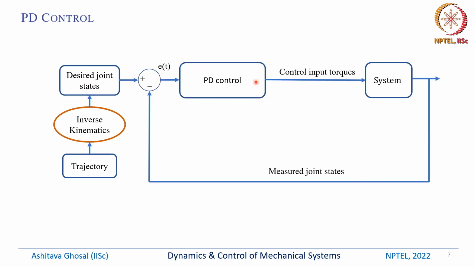So it is like Kp times E plus Kd times E dot. We have looked at a PD controller earlier. And where do we get these desired joint states from? We basically know what the tip of this leg, or what the robot, should be doing. That is the desired trajectory in Cartesian space for this leg.